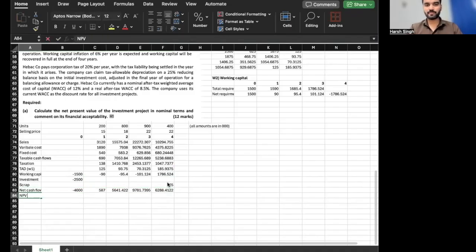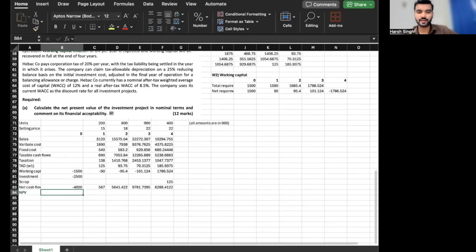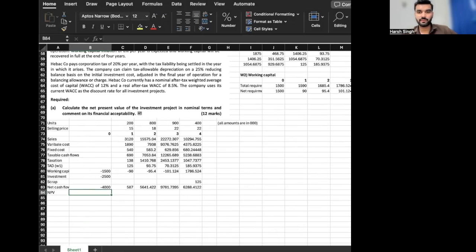Now I'll pull down NPV, everyone. An important point, everyone: discounting over here will be done at what rate? 12% or 8.5%? Nominal or real? Which rate are we going to use? Be quick, everyone. Let me know. Nominal. Well done.